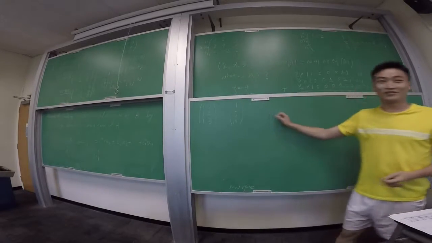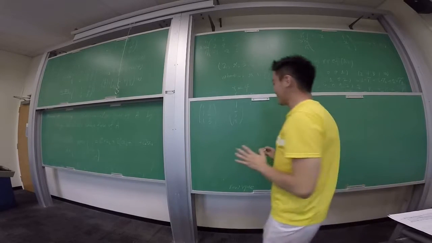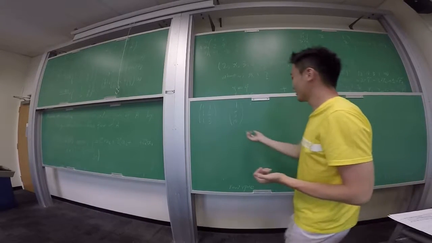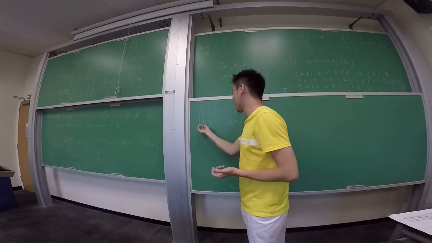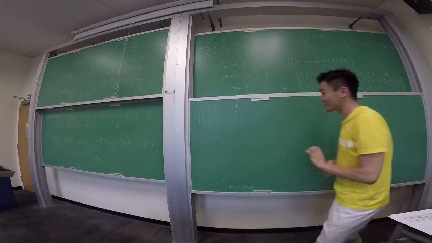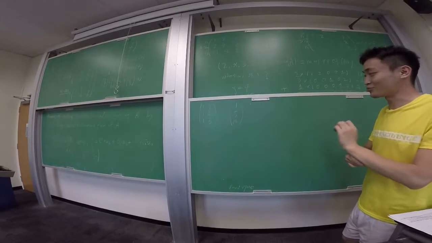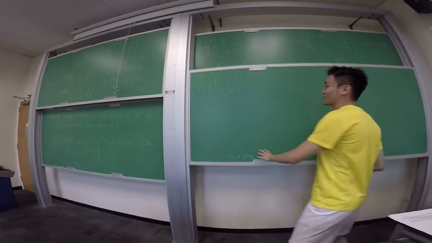Intuition tells us that this vector is not in the column space of that, because it is not an arithmetic sequence. So how do we check that rigorously?